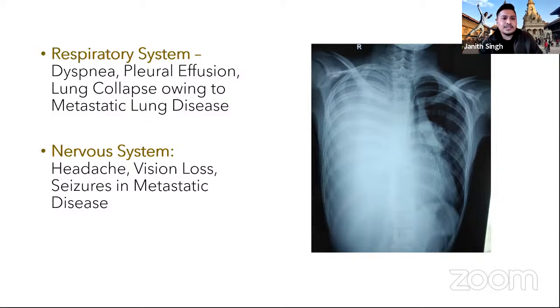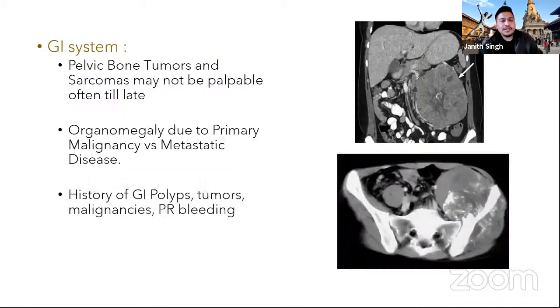So you have to check the respiratory system as well. I remember a patient who had monoplegia as well as vision loss and multiple seizures. It was due to a metastatic osteosarcoma that went into her brain. So it's important to examine the nervous system as well.